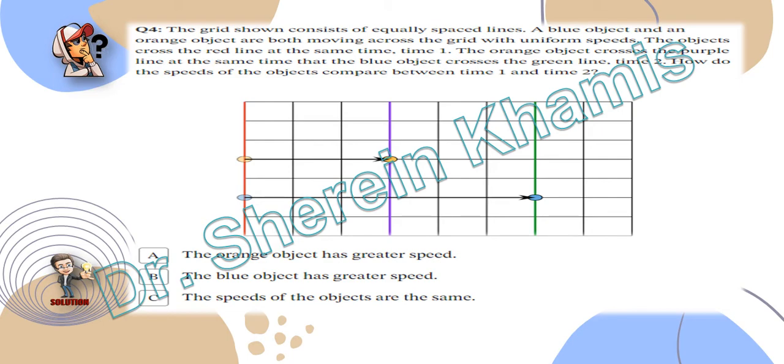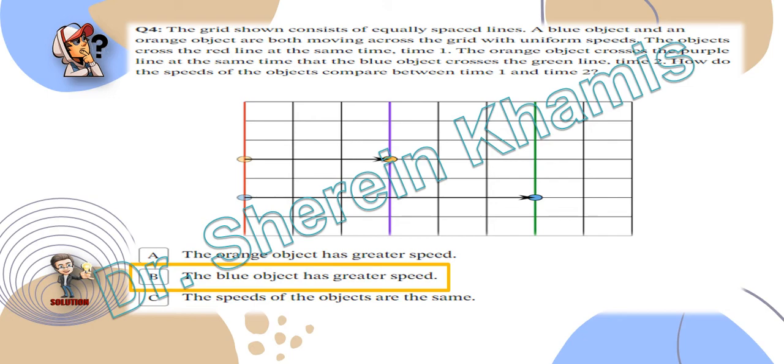Okay, if we compare between them, we have time 1 and time 2. If one of them reaches a place farther than the other, its speed will be higher than the other. So the blue object has a greater speed than the orange object.